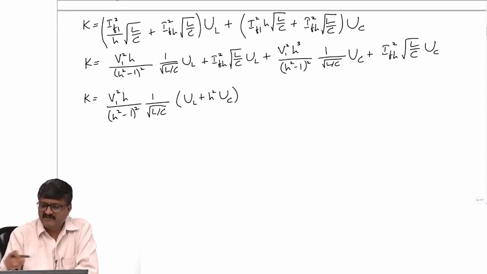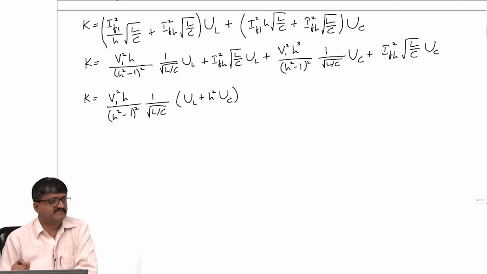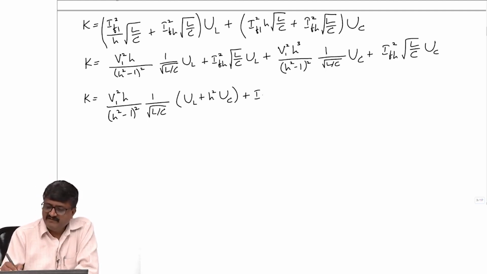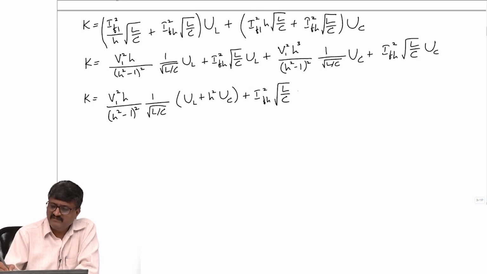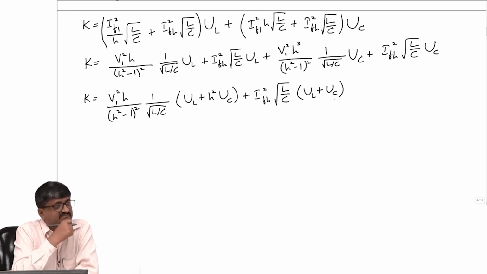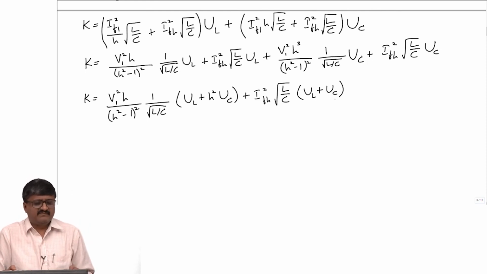I am taking the first term and the third term in the previous expression, plus the second term and the fourth term, which has a common factor IH squared root L by C into UL plus UC.